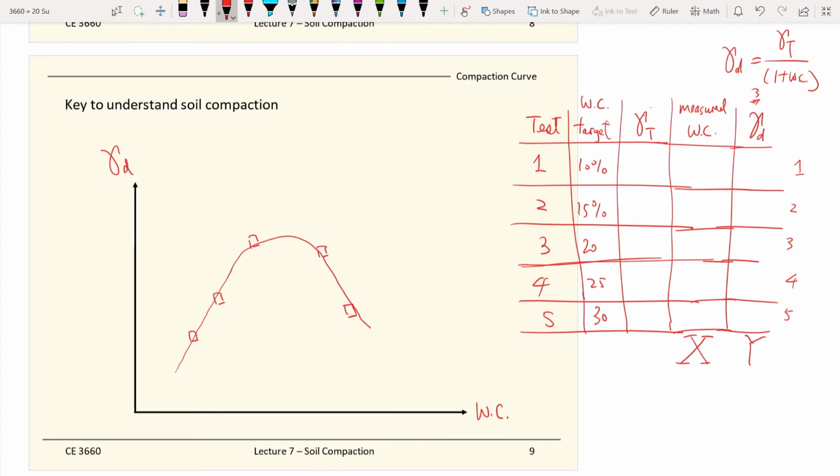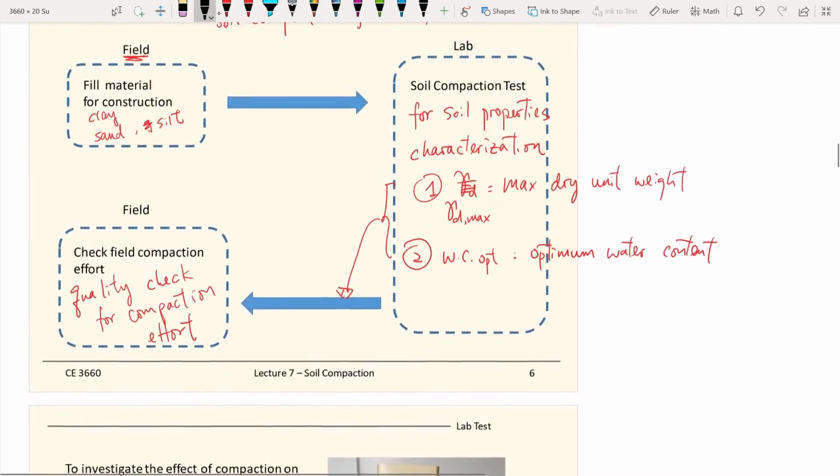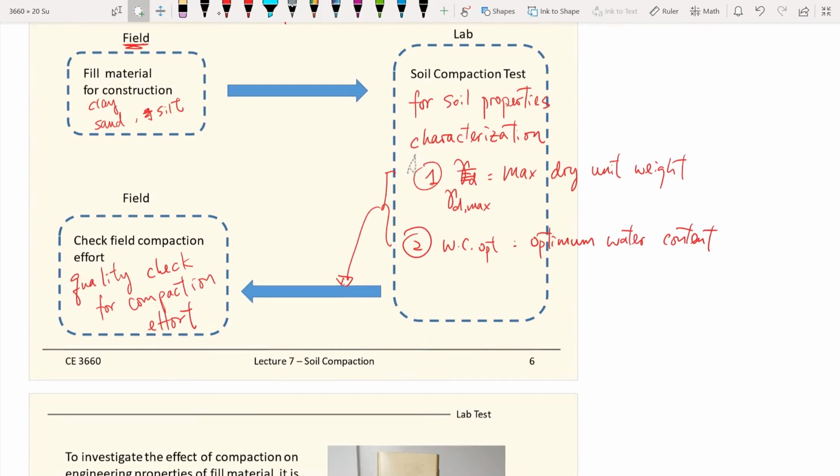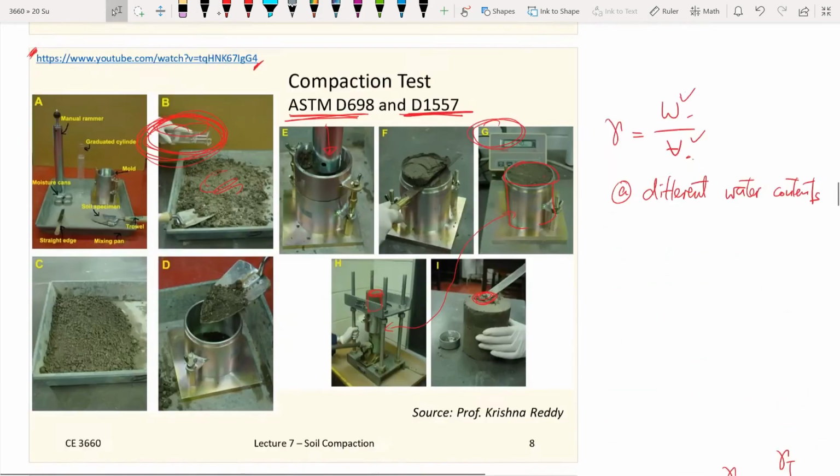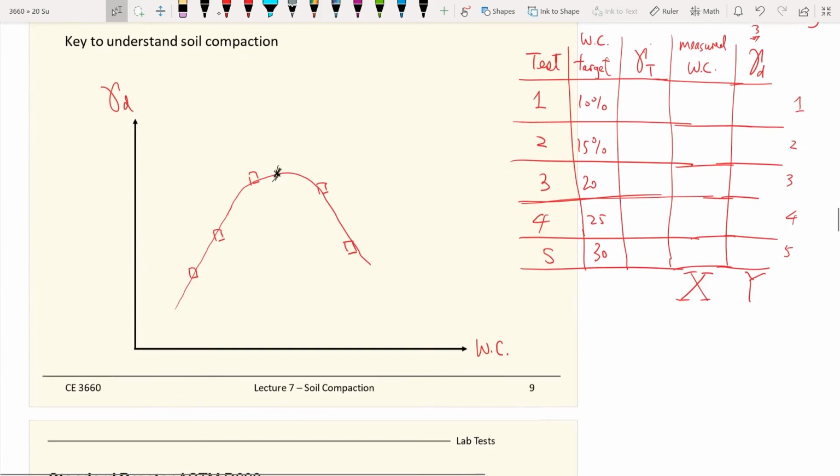And the maximum point on the curve will give you the parameters you need. Remember how we mentioned it? What we need are 2 key parameters, the maximum dry unit weight and the optimum water content. Those 2 correspond to the maximum point on this compaction curve.